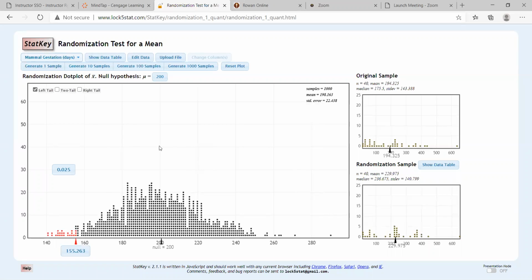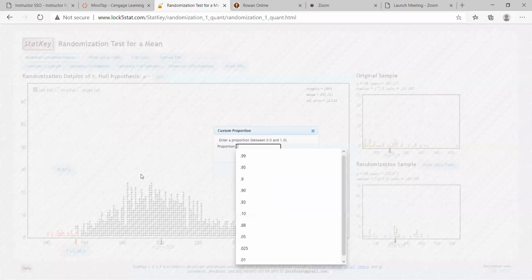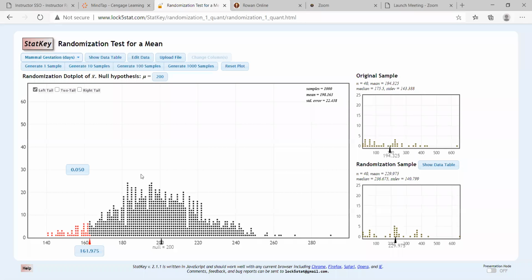Now the left tail automatically defaults to 0.025. All right. Now, the way we're going to do the hypothesis test, we could, of course, change this to what alpha is. You know, if alpha is 0.05, we could change this to 0.05 if we want. And then look at our sample statistic and see if it's in the red area or if it's in the black area.